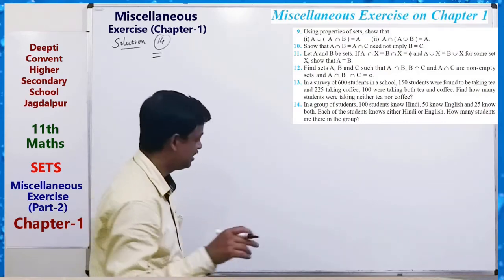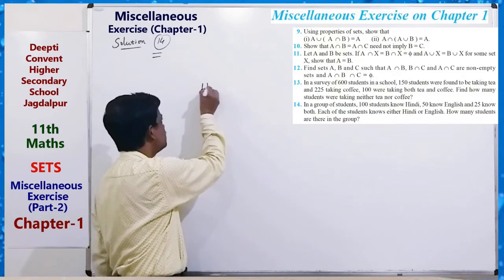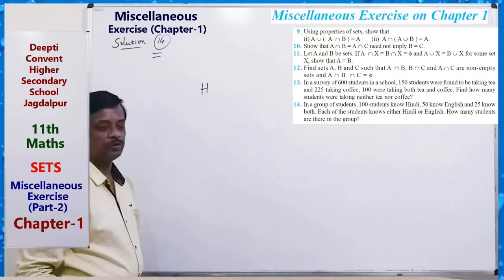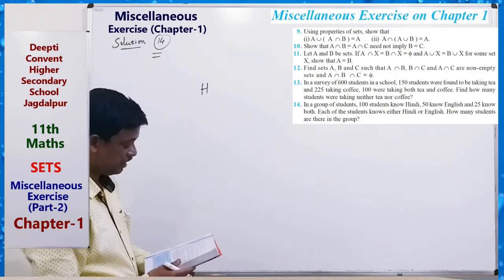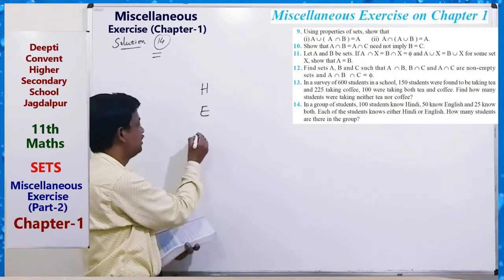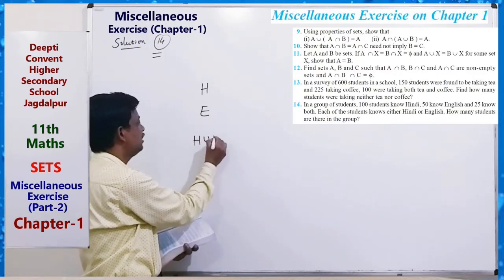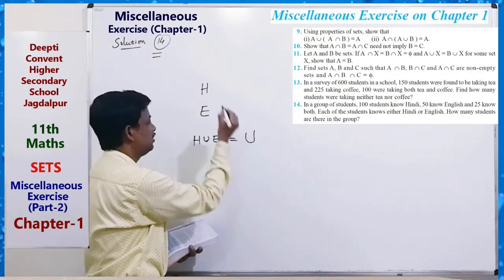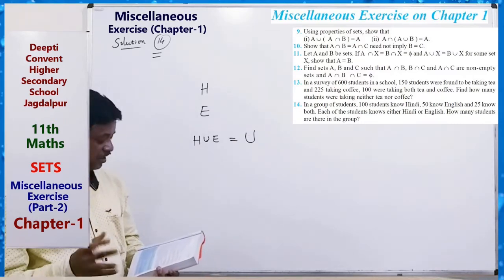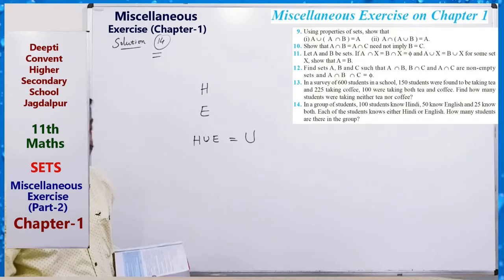That means what? If H represents the set for Hindi and E for English, then H union E is what? The universal set, because it is not given how many students are in the group.